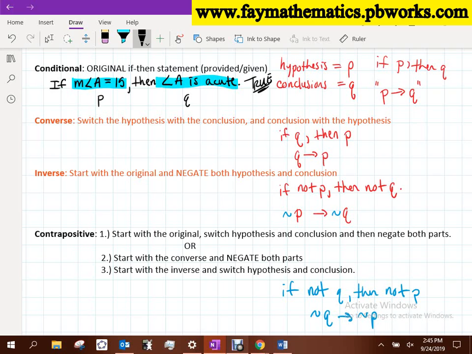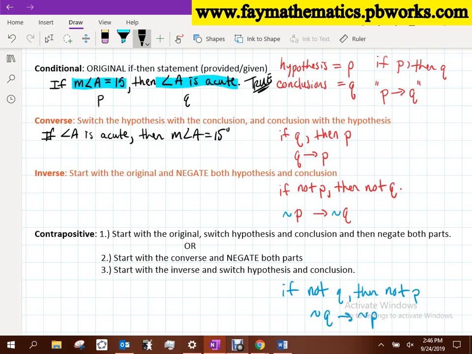If I want to create the converse, I take those highlighted phrases and I just interchange them. I switch their spots. Which says now, if angle A is acute, then the measure of angle A equals 15 degrees.